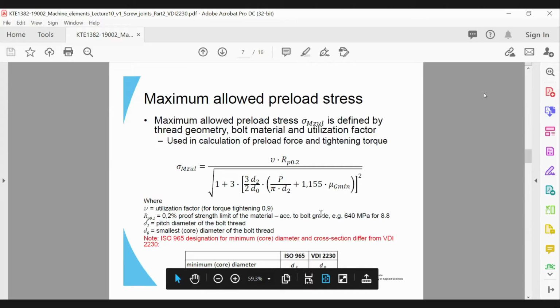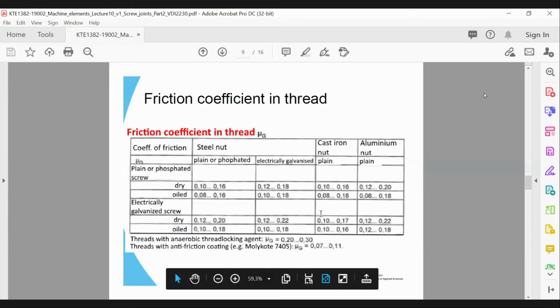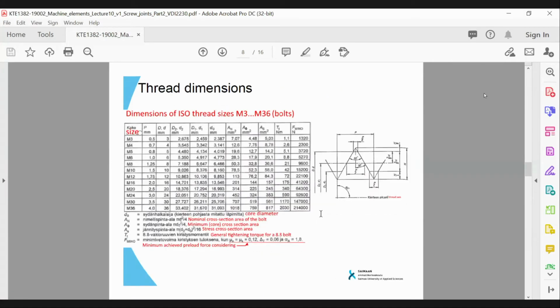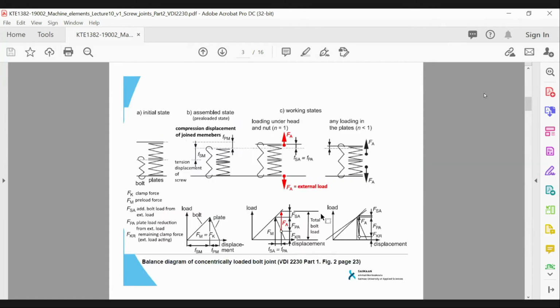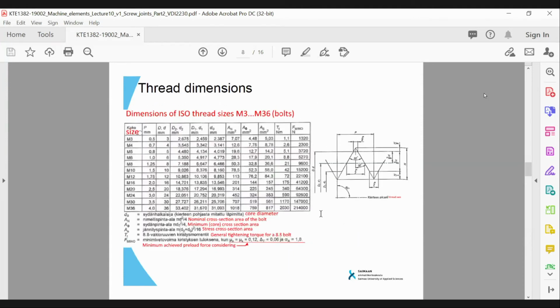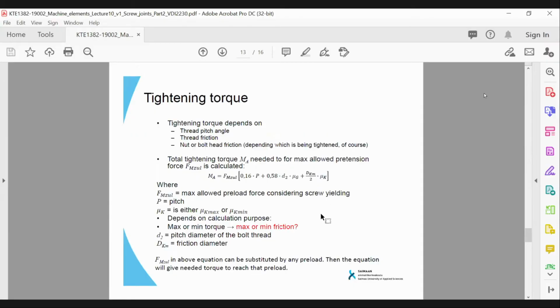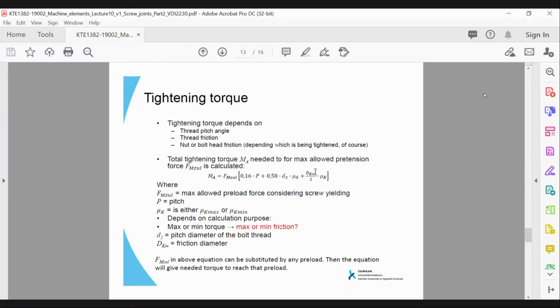So for the force equation, do we use ISO variables, so to say? You need to take the dimensions from the ISO tables, but of course this equation I showed you is from the VDI. But nevertheless there are tables which give you all the needed parameters.